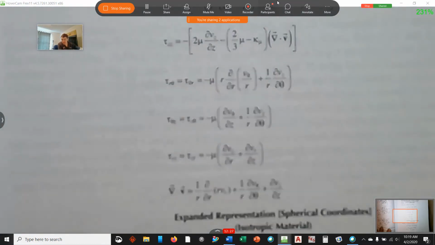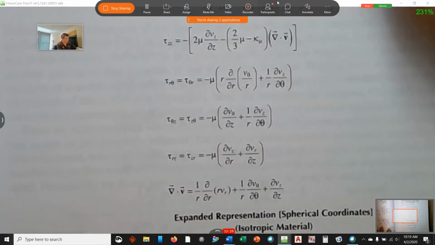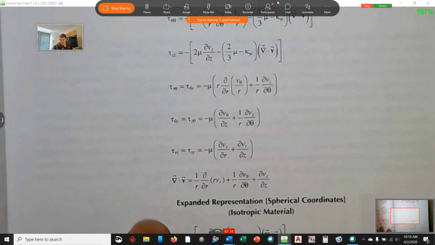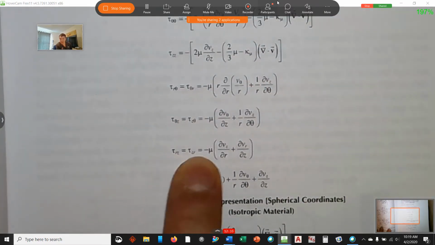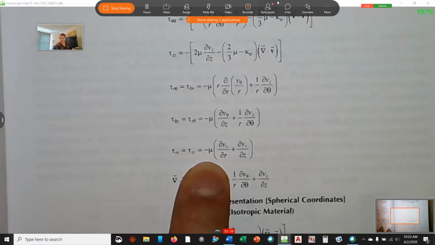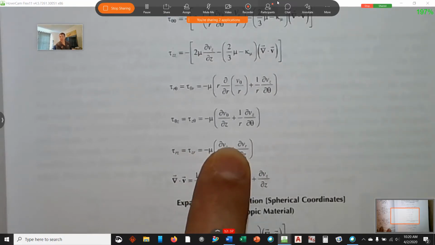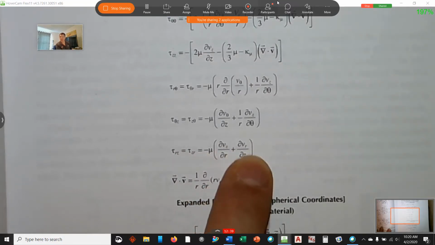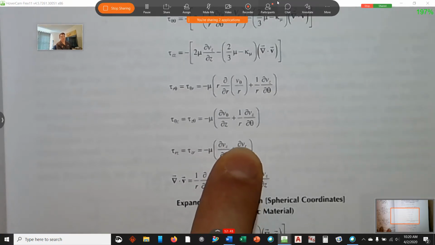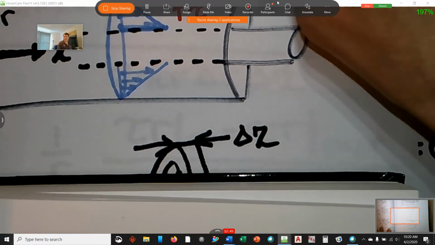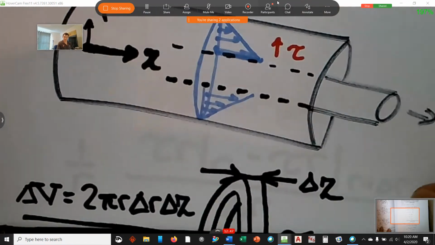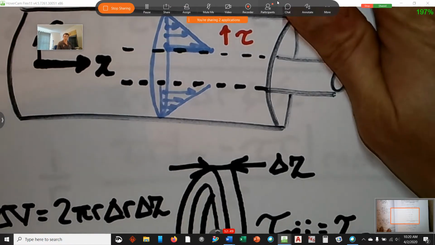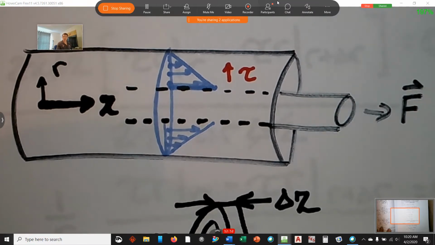That's about it because we're zoomed in here. So we're shearing the r plane in the direction of z, and so our law that we need to replace here is mu times (dvz/dr plus dvr/dz). If we consider the expected velocity profile here, we don't have radial velocity, vr.